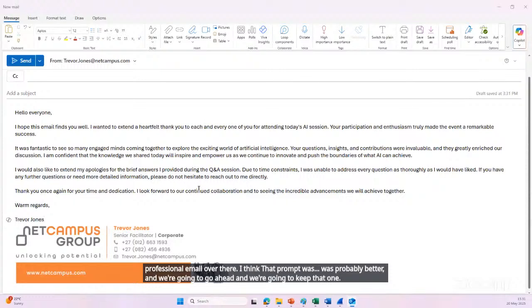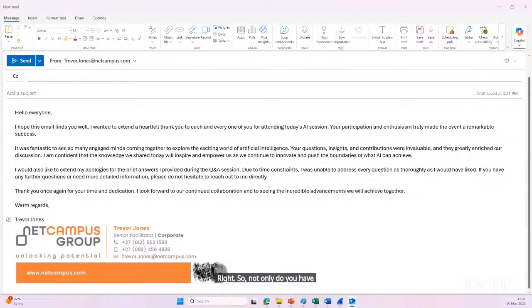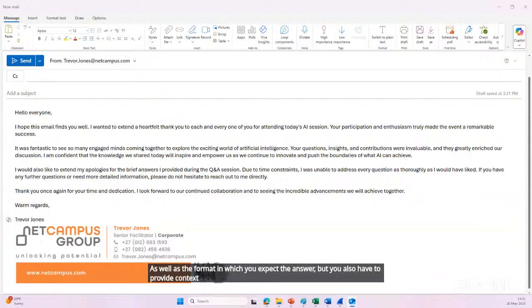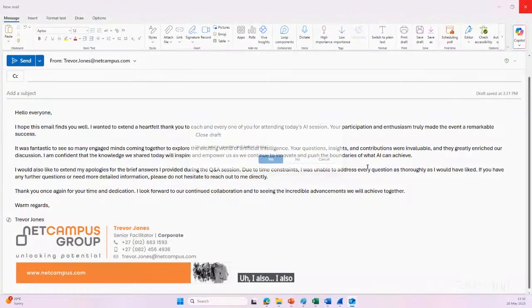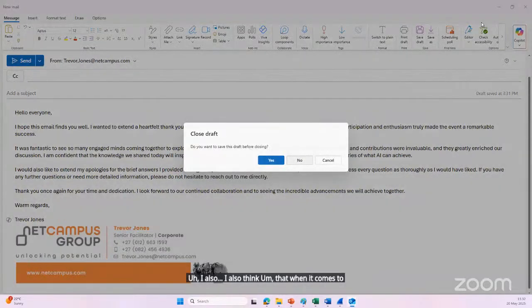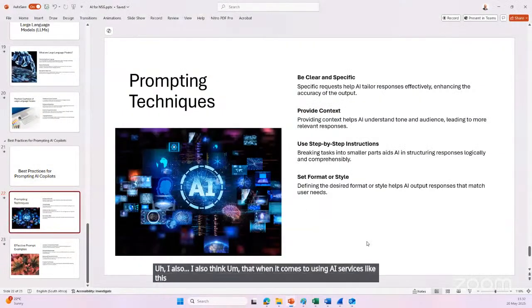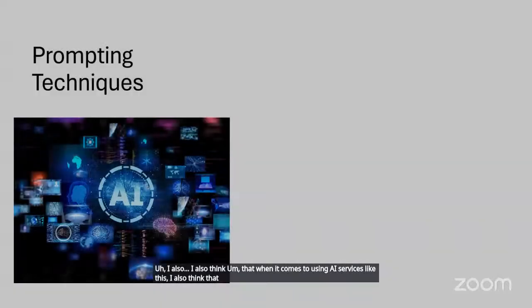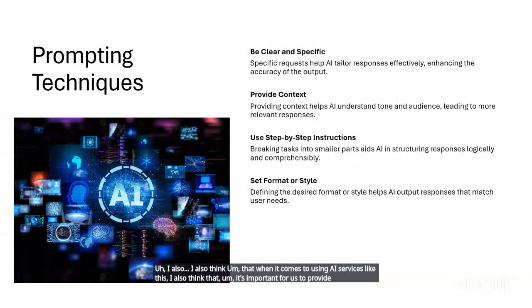So not only do you have to be clear and specific in the question you ask, as well as the format in which you expect the answer, but you also have to provide context so the AI system can use that context in the answer. I also think it's important for us to provide step-by-step instructions.